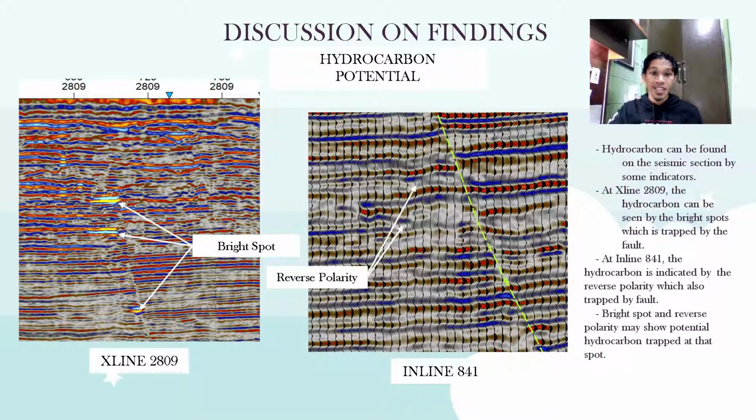You can see about 2 places where the reverse polarity occurs. This reverse polarity indicates that there is hydrocarbon potential trapped there.